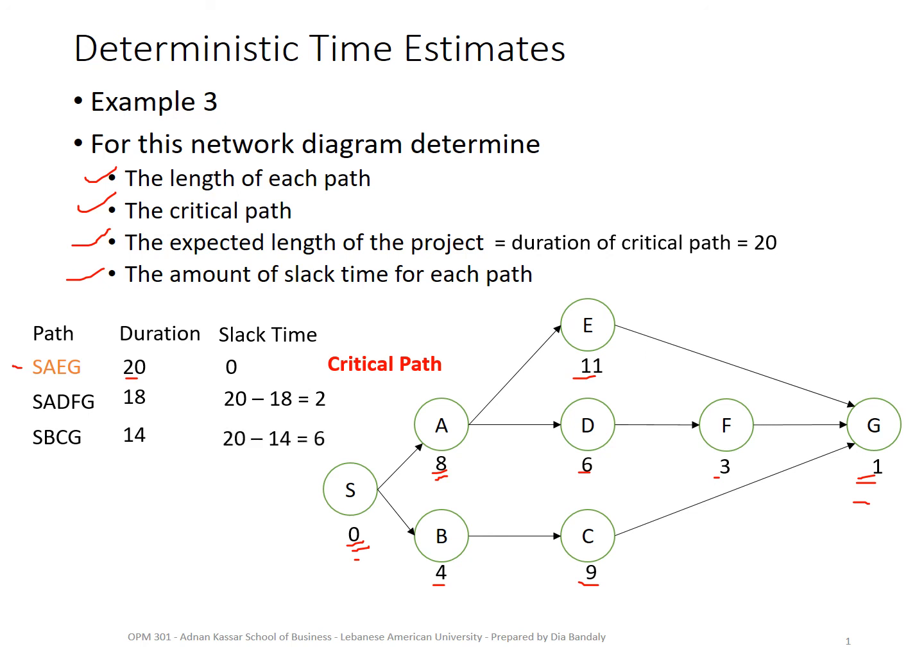And for the third path, it's 6 weeks. What's important about slack is that it's free time. So it gives us some flexibility, maybe moving some resources, being able to delay some activities. We're going to discuss that more when we talk about the activity slack itself rather than the path slack.